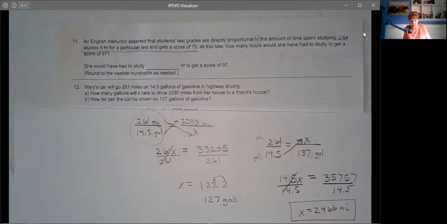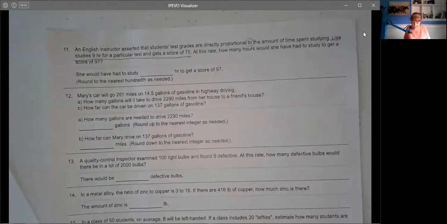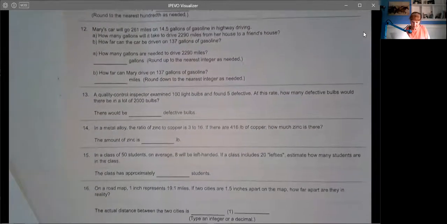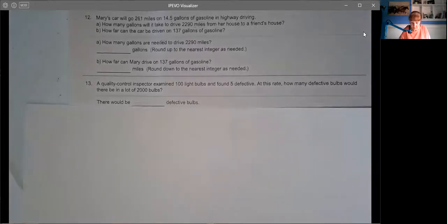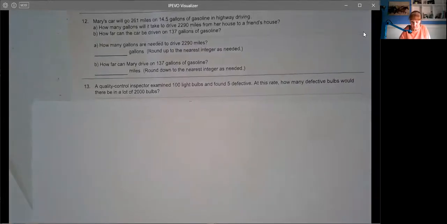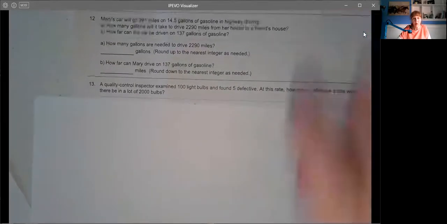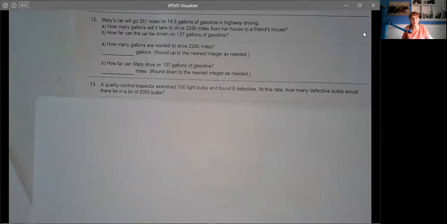Okay, let's try another one. Let's look at number 13. A quality control inspector examined 100 light bulbs and found 5 defective.